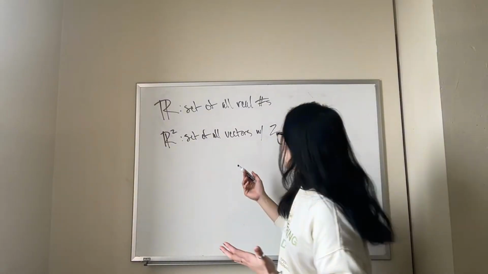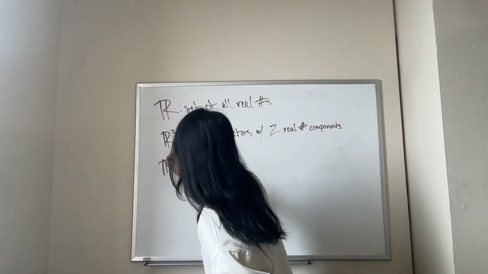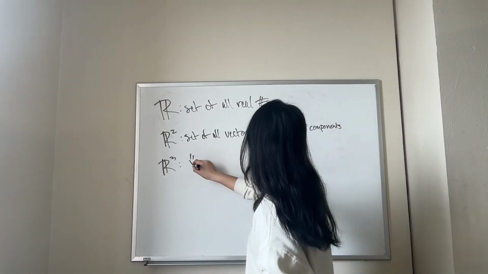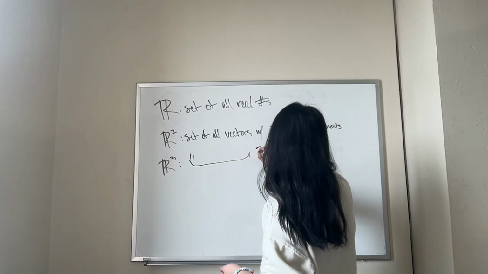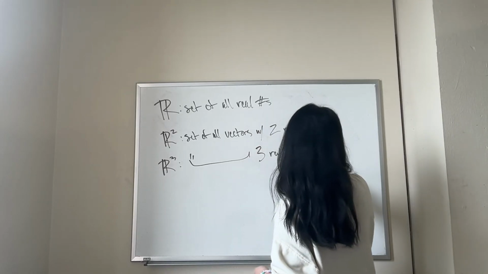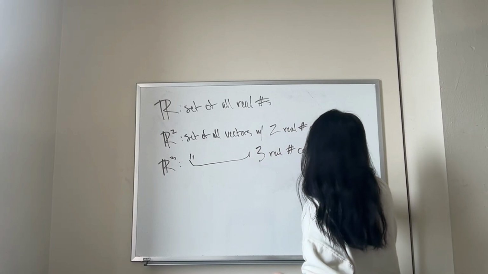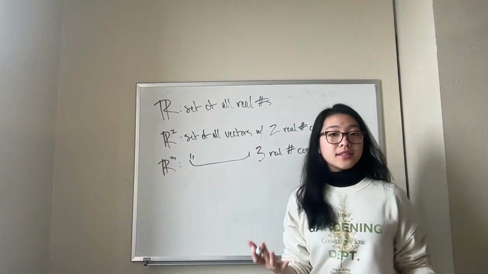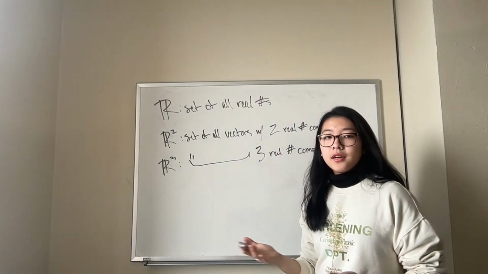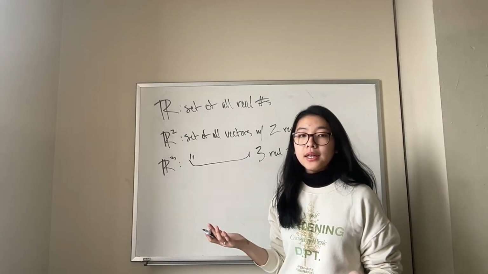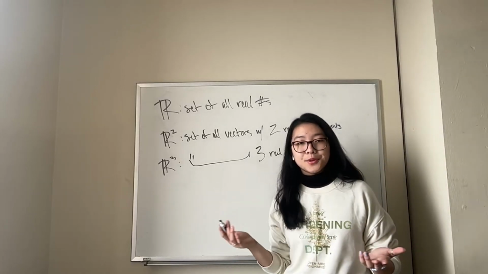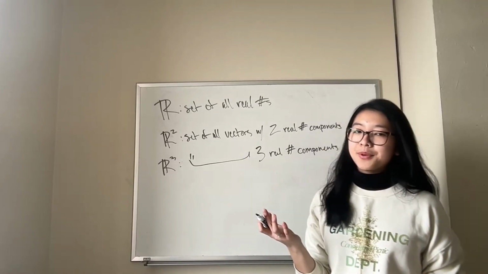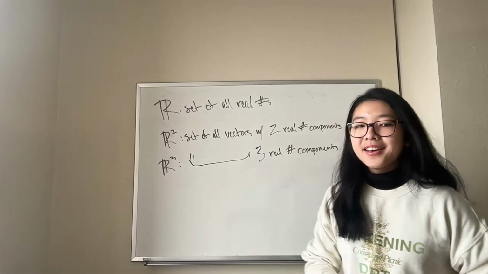And then we can also have R3, which is the set of all vectors with three real number components. And maybe you're familiar with the XYZ space, where maybe you have some arbitrary point P with the components x, y, z, and it has a corresponding standard position vector with the components x, y, z.